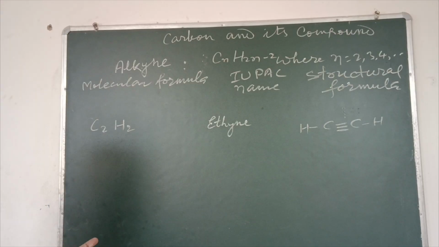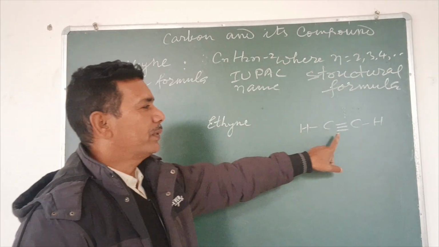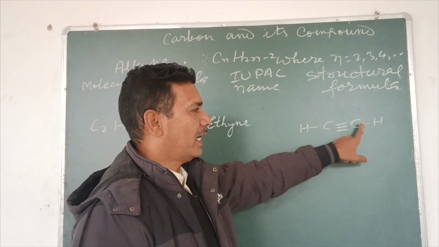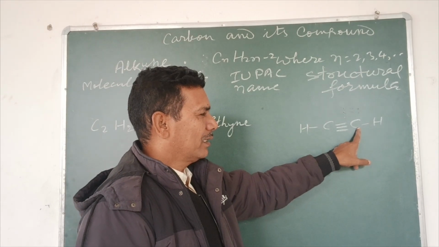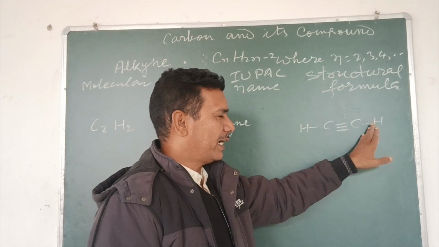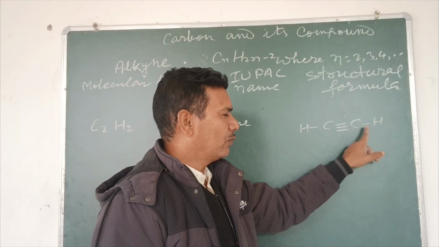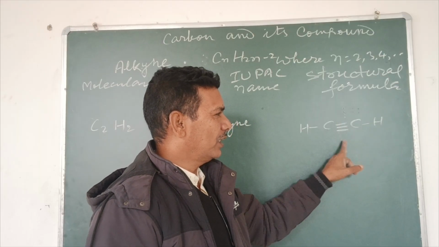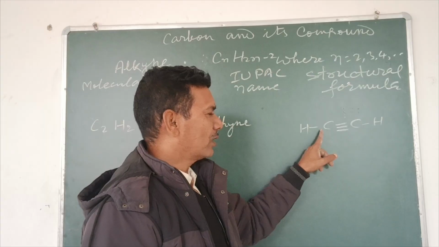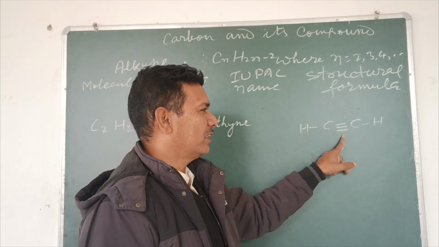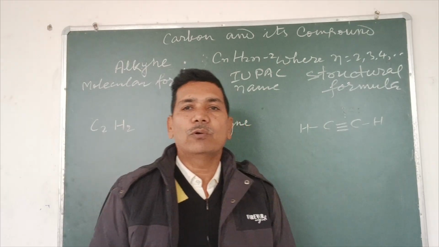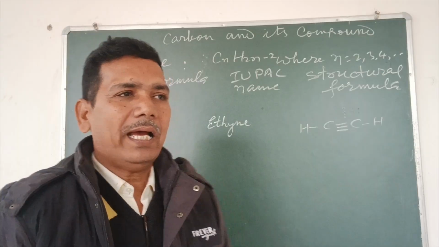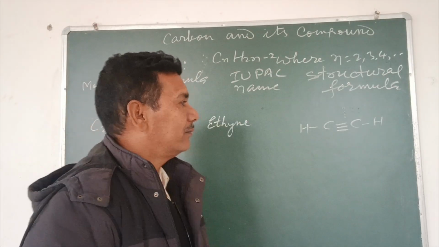Hydrogen has completed its single bond, and carbon has completed tetravalence. For this carbon, the left side bonds and right side bonds are all counted together, so this 3 and 1 becomes 4. For this carbon as well, this 1 bond and this 3 completes 4. So the carbon has completed its valency.